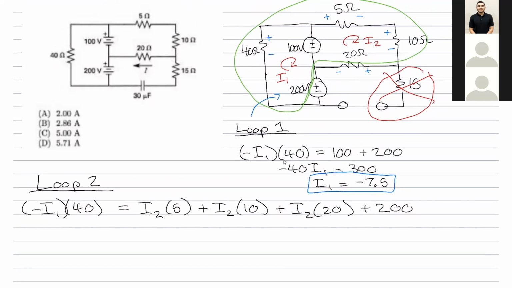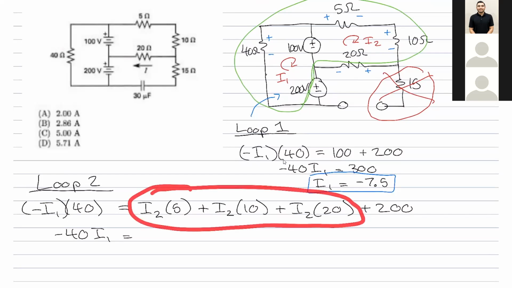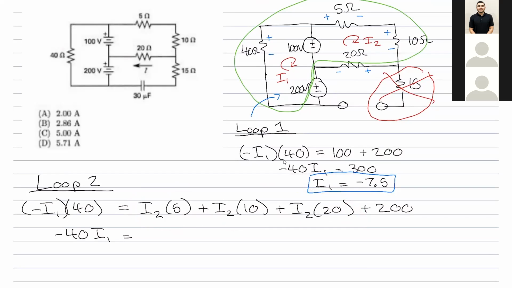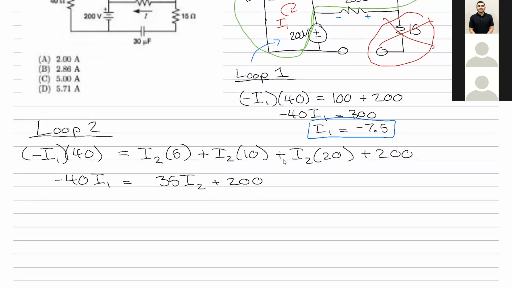Okay, so now we got negative 40 I1 is equal to, okay, so I'm just gonna skip this step. I'm gonna sum all these together. So that's gonna give me 35 I2 plus 200. Okay. Now you're wondering, oh, we have two variables. What are we gonna do?